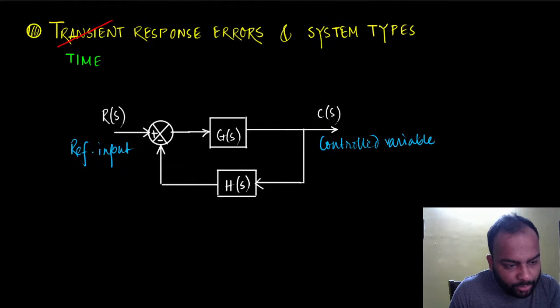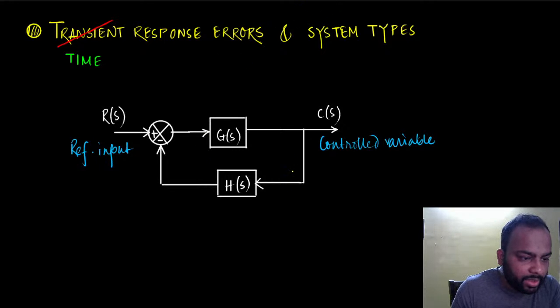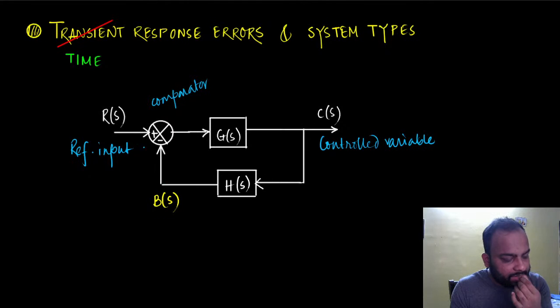So this is the reference input variable, this is the control variable, and this, H(s), is the feedback variable. And here, whatever signal goes into this one, and this is a comparator, okay? This one is a comparator. So essentially, whatever feedback signal comes in, this comparator compares with the reference input signal.